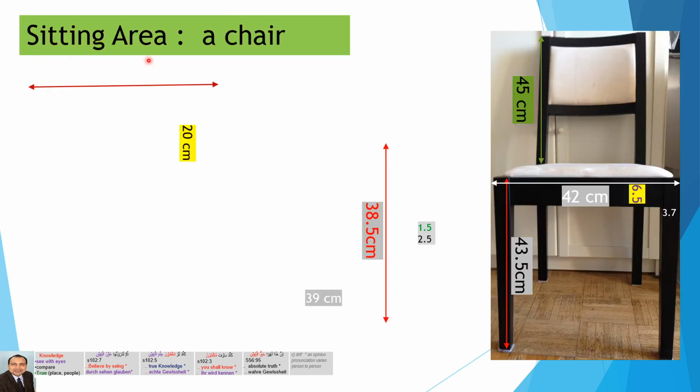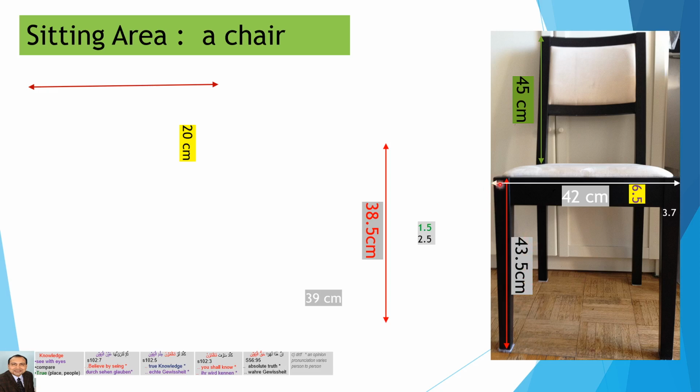Another example is sitting area. For example, a chair. Every day you sit in the classroom or at home. So this chair, the leg till here is 43.5 centimeter. This is normal, maybe 44 centimeter somewhere.